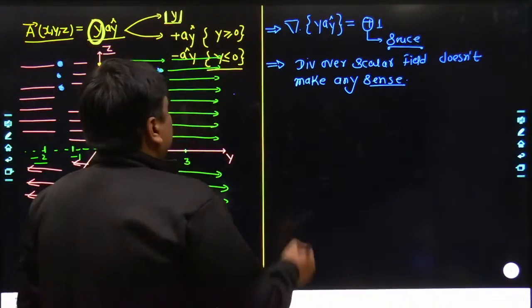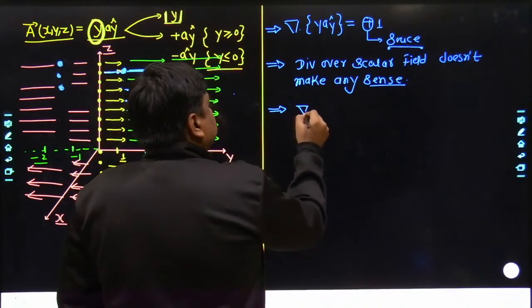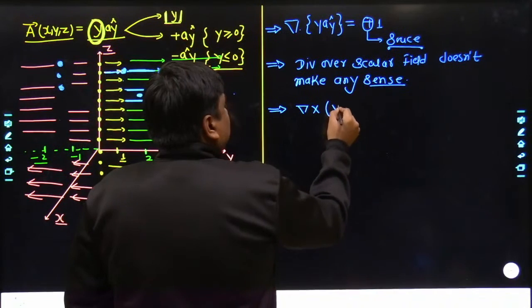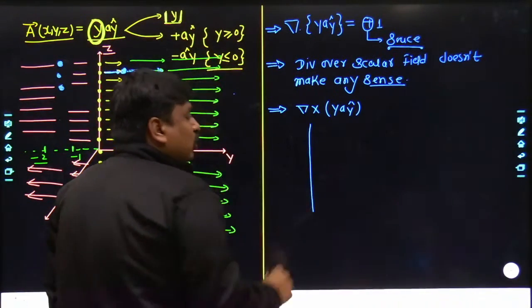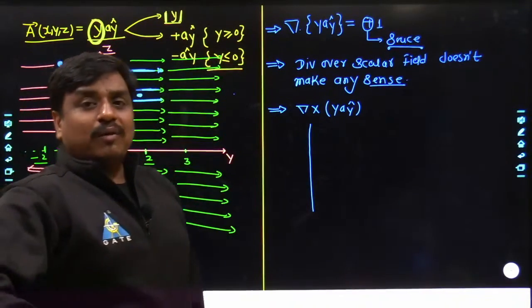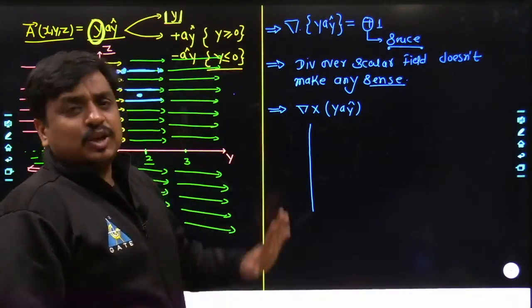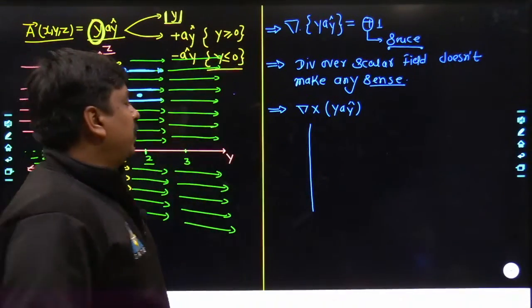And if you want, we can calculate with the help of the mathematical formula of curl, del cross y ay cap. How do we calculate this? Anyways, the curl is going to be a separate topic. Probably 2 or 3 hours we would be discussing the curl itself. So you guys need not have any doubt about how to calculate the curl. That would be an exclusive topic together.